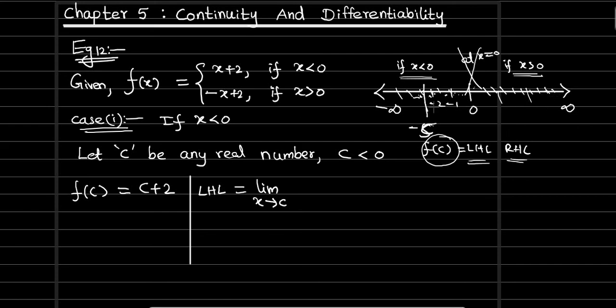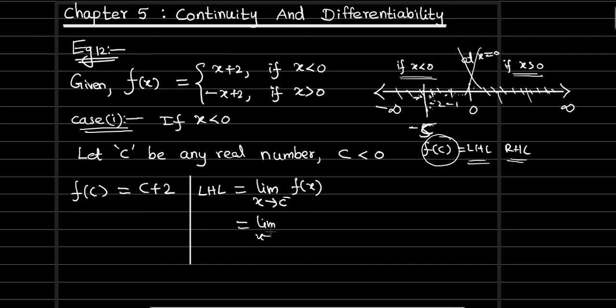Only very, very close values, even if we round it, approximately -5. So such close values on the left hand side as well as the right hand side are less than 0 only. So since it's less than 0, the suitable function is the first function. So replacing with the first function.